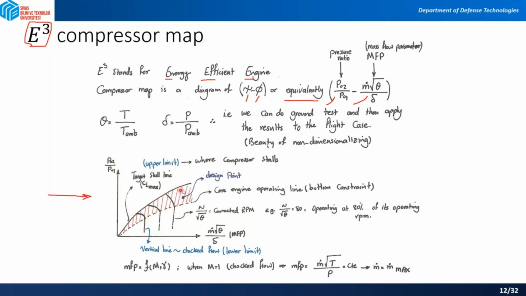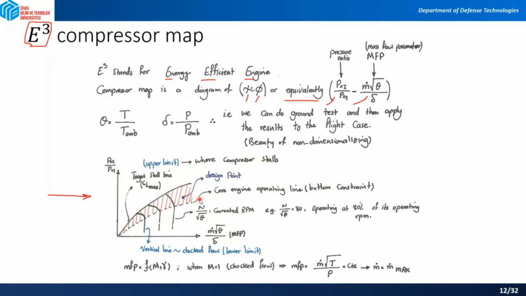There is another limit, the upper limit, which we call the target stall line or CL max. This is where the compressor stalls, where the flow inside the compressor is no longer attached to the blades.